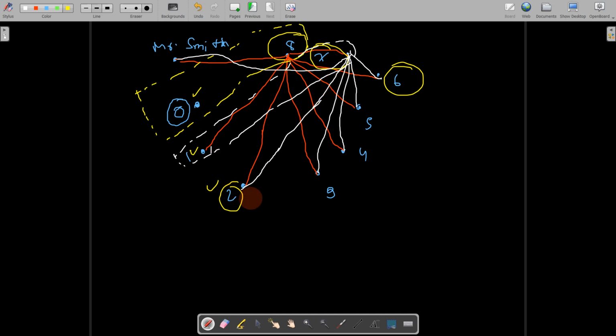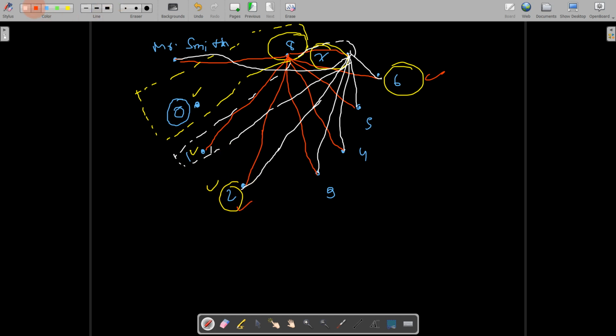And I know that 0 is the spouse of 8, 1 is the spouse of 7. That means only one option is remaining: 2 is the spouse of this 6 person. So with this argument, 2 and 6 are spouses.